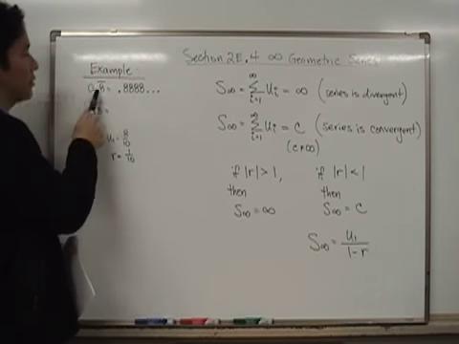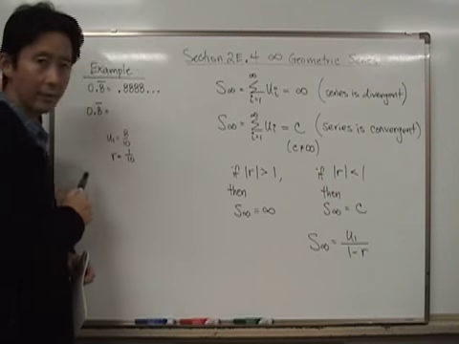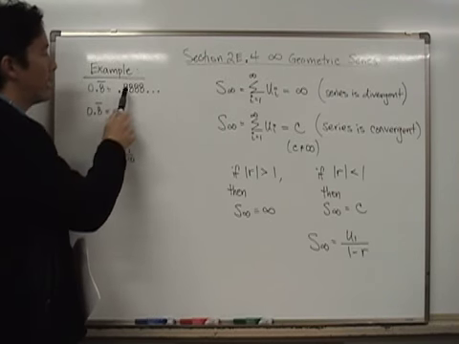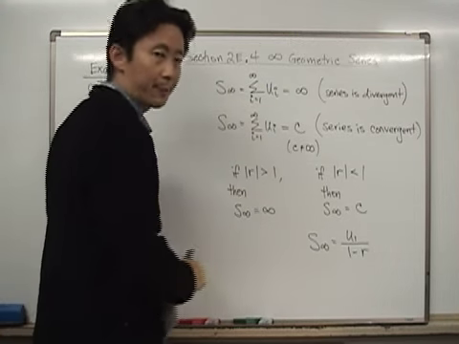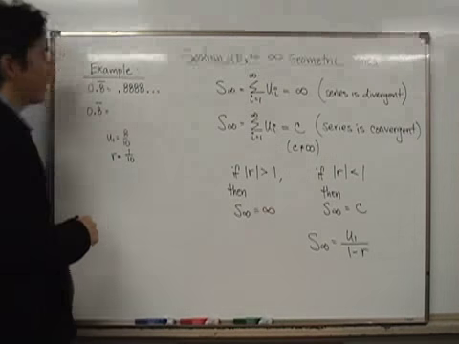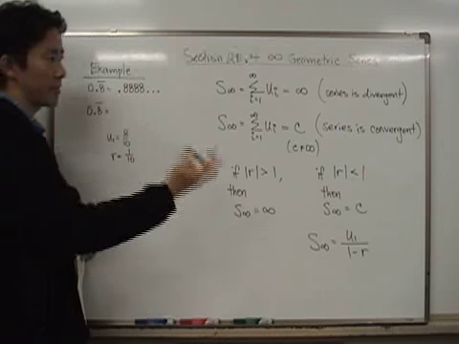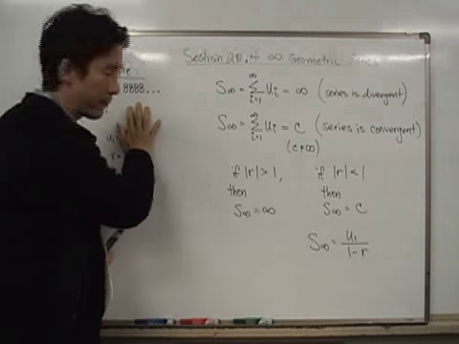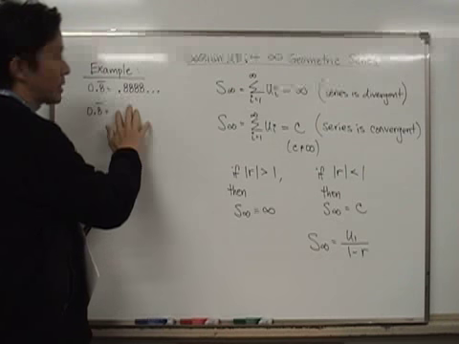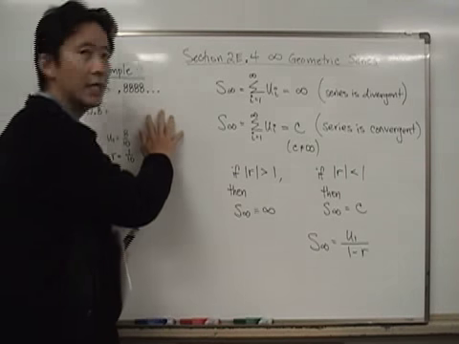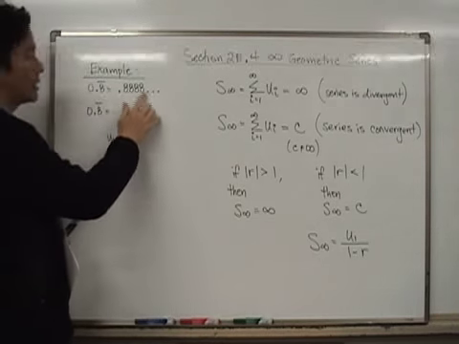We have 0.8 with the bar above the 8, which means, of course, 0.88888, and all of those 8s will continue to infinity. Now, if we wanted to write this in terms of a series, notice that there are no plus signs here. We need to include plus signs as well as list the terms of the sequence that would generate all of these 8s.